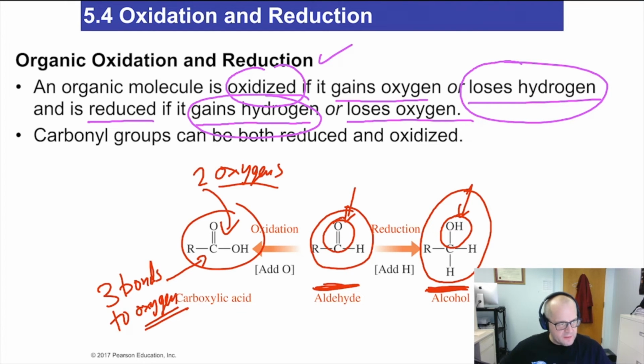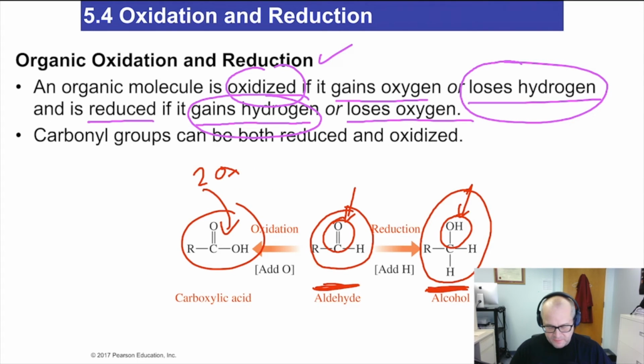Now, it happens that one of the oxygens is the same oxygen being bonded to twice. That's okay. Don't let that worry you. Just count the bonds to oxygen. That's what I usually do. I find that to be easiest. So, let's go over this one more time. I'll make sure everyone's got it because it's a very, very critical point in chemistry.